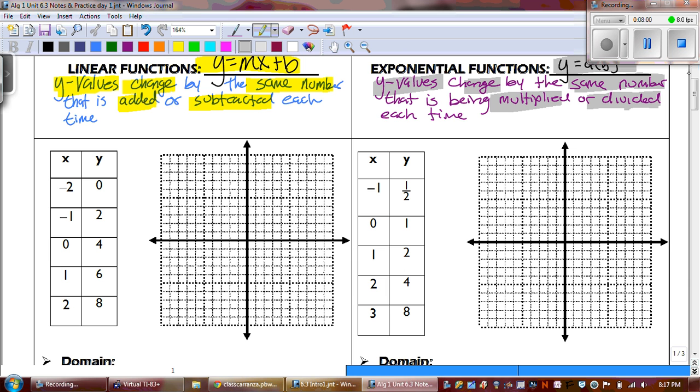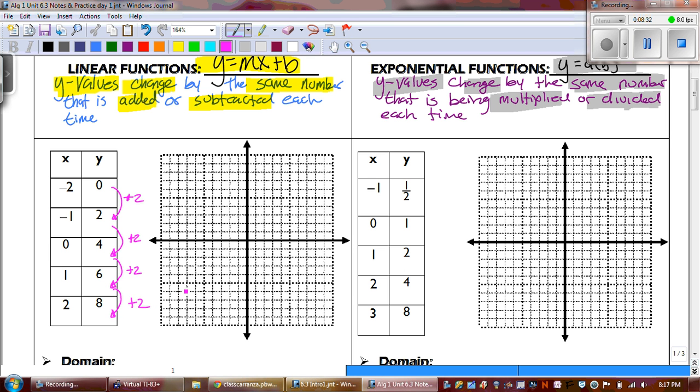Okay? So let's take a look at an example right here. The key thing is to look at the y values. Okay? So when we're looking at the y values from 0 to 2, what did it increase by? Well, it increased by a positive 2. And from 2 to 4, we increased by 2. From 4 to 6, it increased by 2.